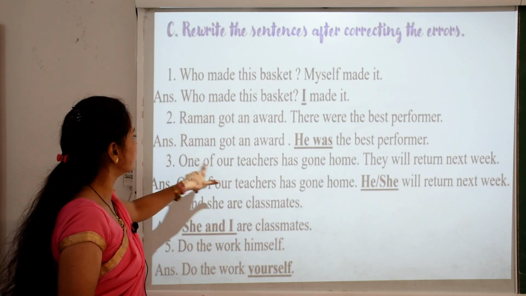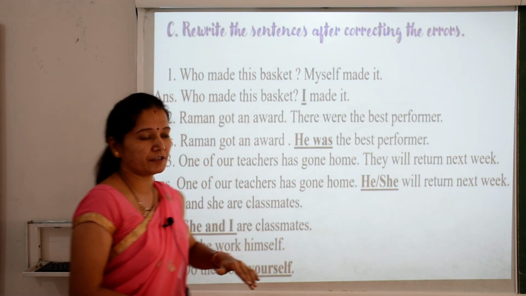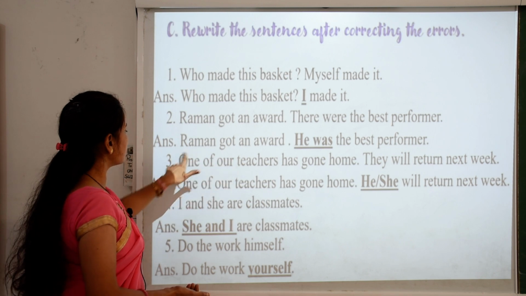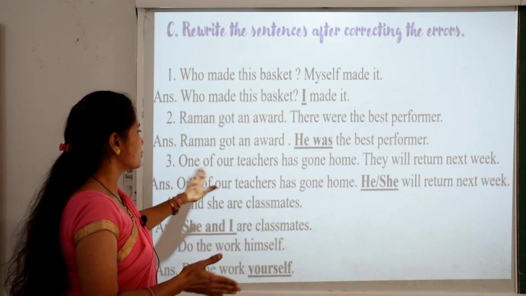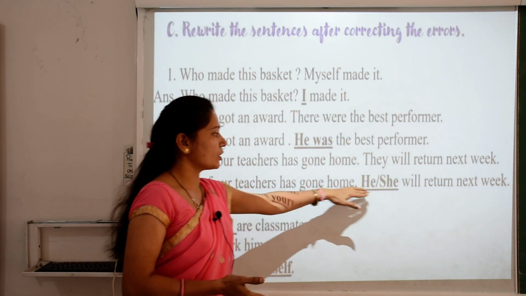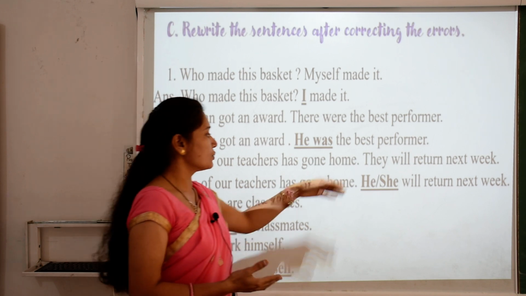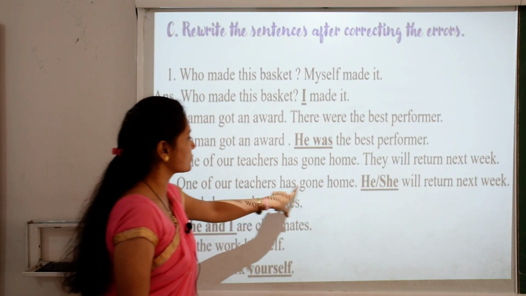Now the next sentence is, one of our teacher has gone home. They will return next week. But in this sentence they are talking about one of our teachers, not all the teachers. So we will not use they. In the place of they, what will we use? He or she, because the gender is not clear, so we can use he and we can use she. So, one of our teacher has gone home.